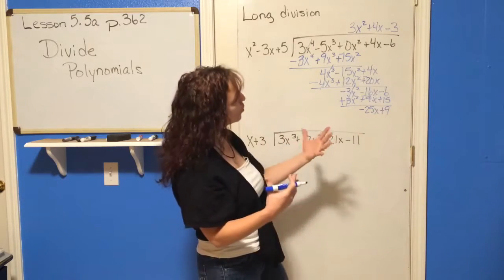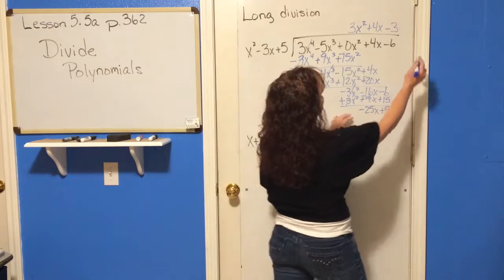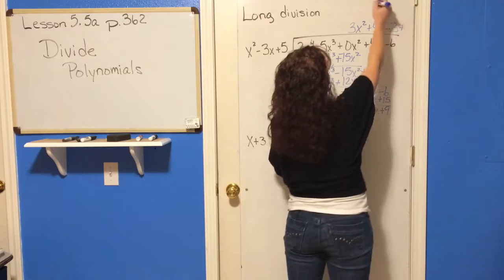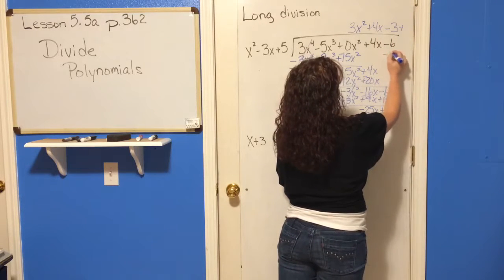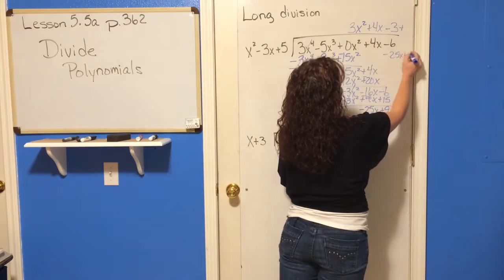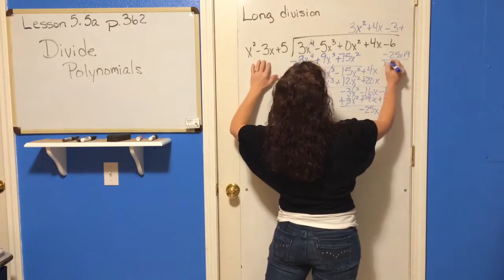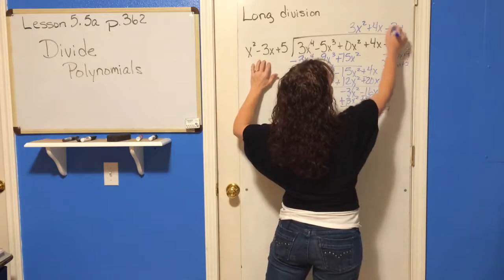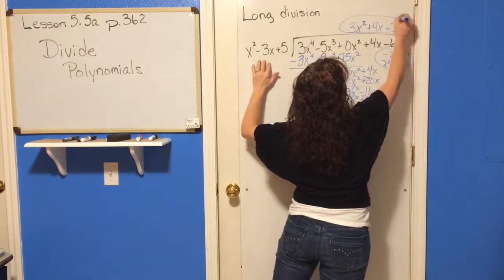So you're going to write plus, negative 25x plus 9 over your divisor, x squared minus 3x plus 5. All of this is your answer.